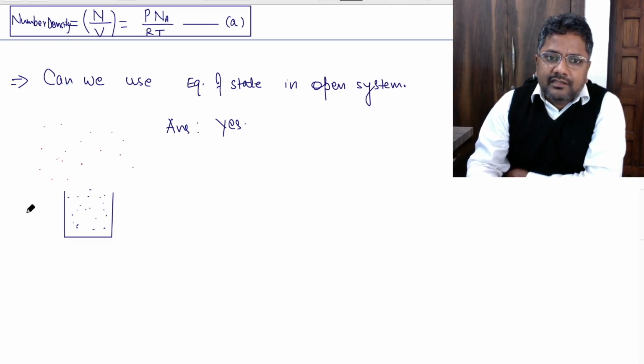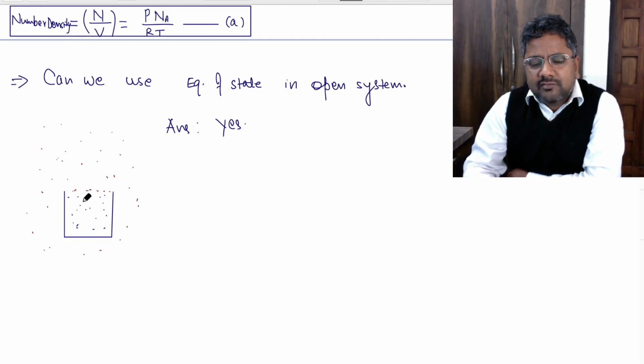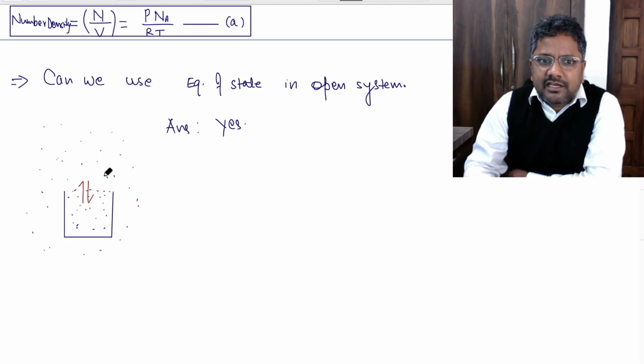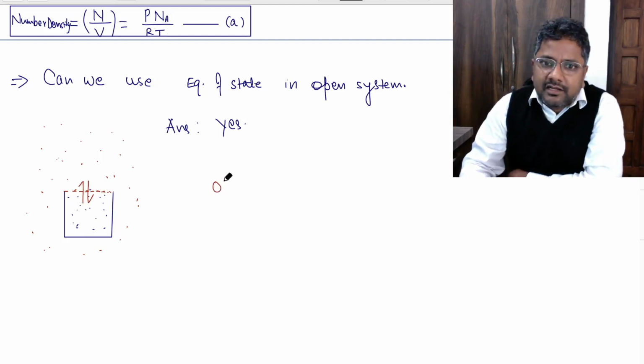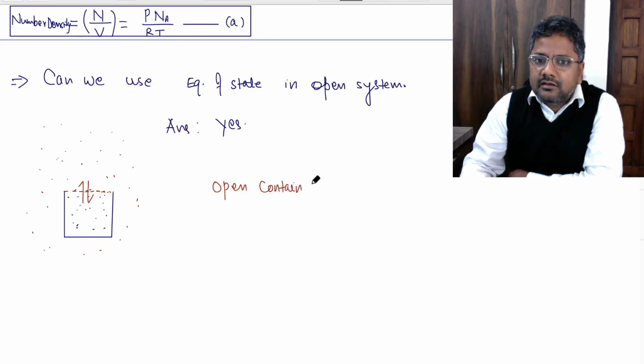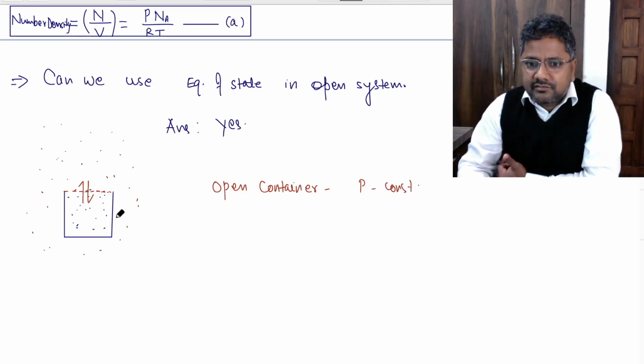So when you have taken this gas in the container here, if the pressure of this gas is more than the atmospheric pressure, this is the open container, so some gas will escape out. So basically there is an equilibrium here, and pressure always remains the same. So for an open container, pressure is constant. Pressure of gas is constant always.